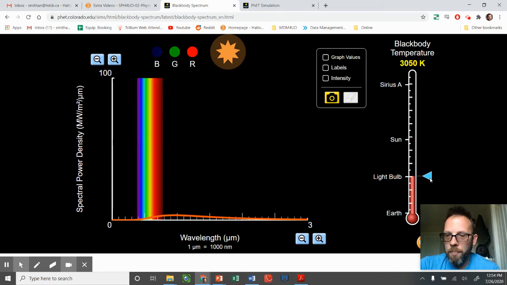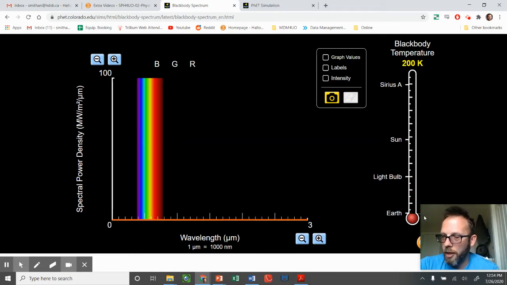One last thing to show you. Most of us have experience cooking or looking at coals on a fire. When you heat up an element on your stove, and it's just a piece of metal, it's usually kind of dark gray or black, right? But when you heat it up, what's the first color that it becomes? If you look in the top left, you can see what kind of color that would look like.